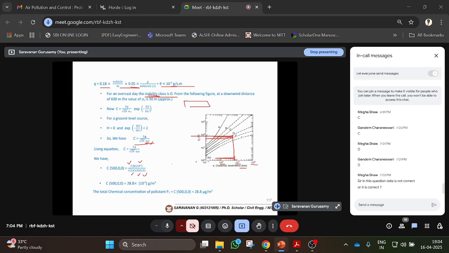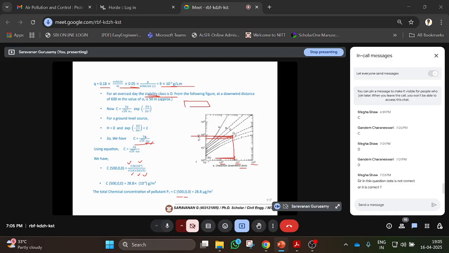Everything is correct. Can I check with the calculator once? One second. 2 into 9 into e minus 3 divided by 50 divided by 5 divided by root of 2 pi. It's coming 28.8 into 10 power minus 6, which is correct only.